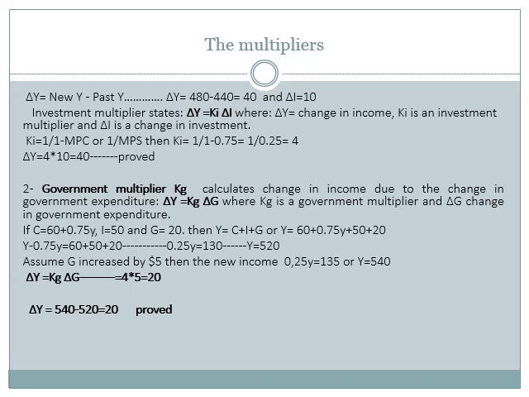As mentioned, delta y equals kg delta g equals what? Kg equals 4 times delta g equals 5, equals 20. Delta y, as mentioned before, 540 minus 520 equals 20. Proved.